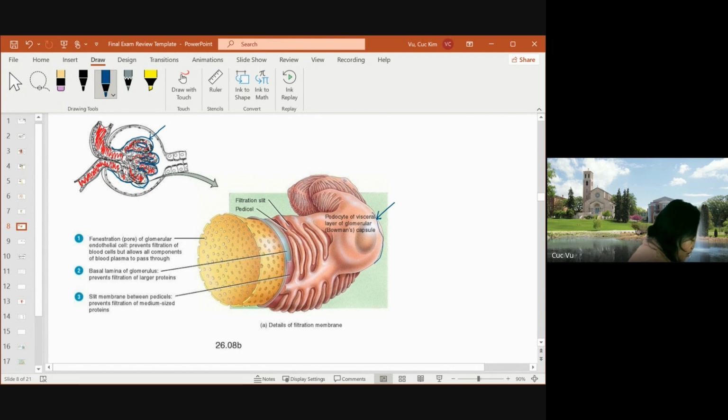If you use your imagination, here's the feet, here are the toes. Between the podocytes that surround the glomerulus, it forms these filtration slits so that blood can move. So here's the blood vessel.